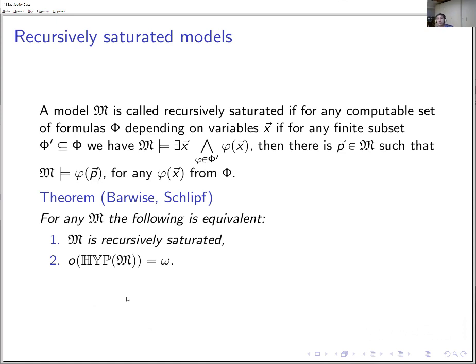And in fact, there is this classical result by Barwise and Schlipf. I think it's a very nice one. Namely, they show that M is recursively saturated if and only if the ordinals in heap of M are standard.